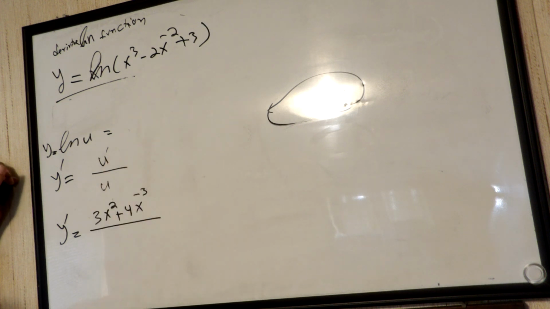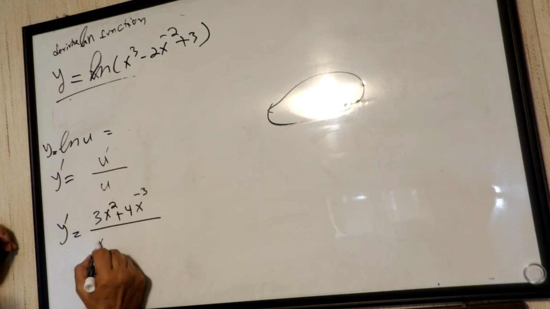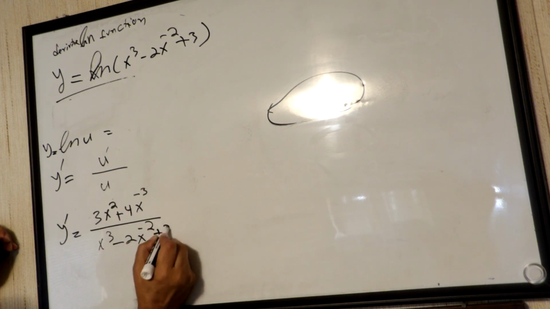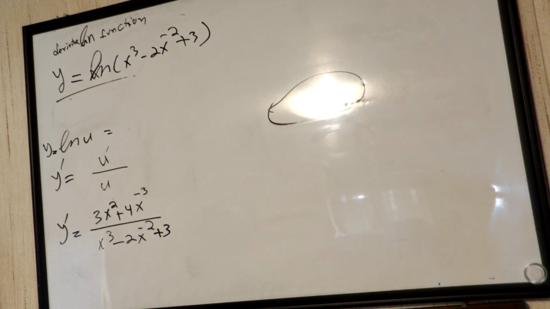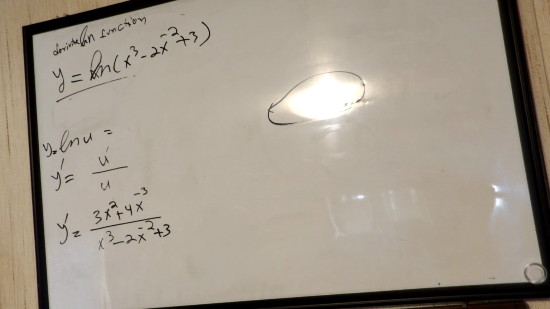This is u prime, and the u is x cubed minus 2x minus 2 plus 3, okay? And it's as simple as this. You get u prime over u.